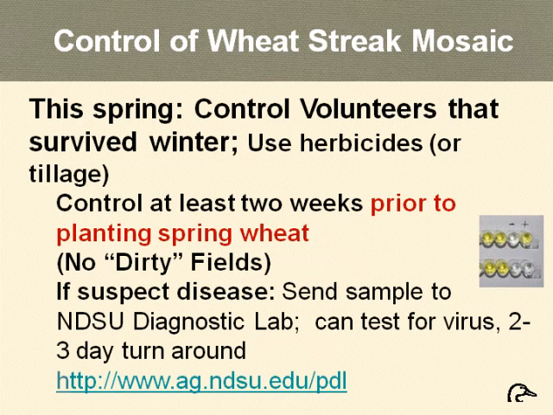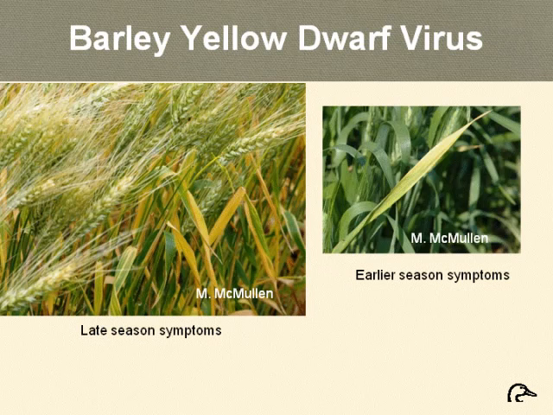We also want to be sure that we protect spring wheat in the area. If you suspect the disease, you see some of those symptoms, you can send plant samples to our diagnostic lab. They test for the virus, and they can get an answer in 2 to 3 days. If it was positive, other decisions would have to be made on whether those fields would be kept or not.